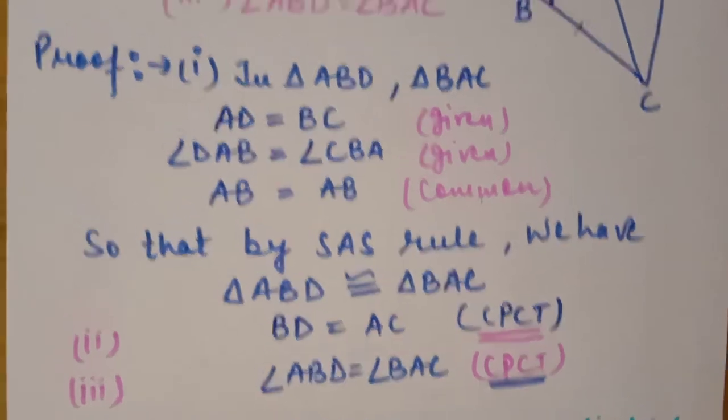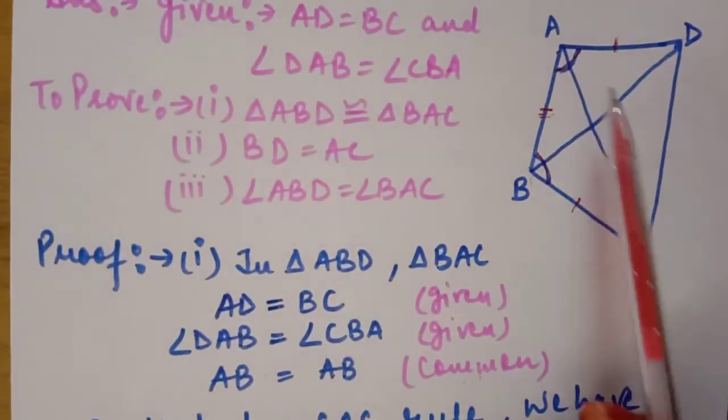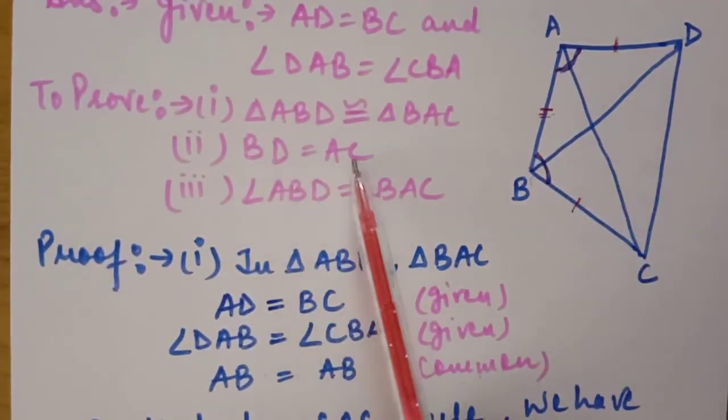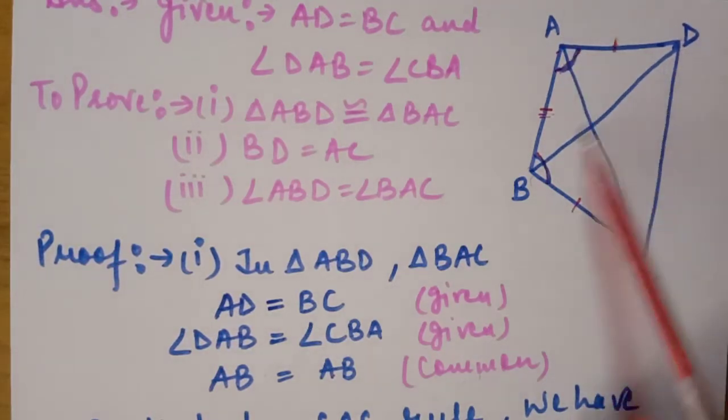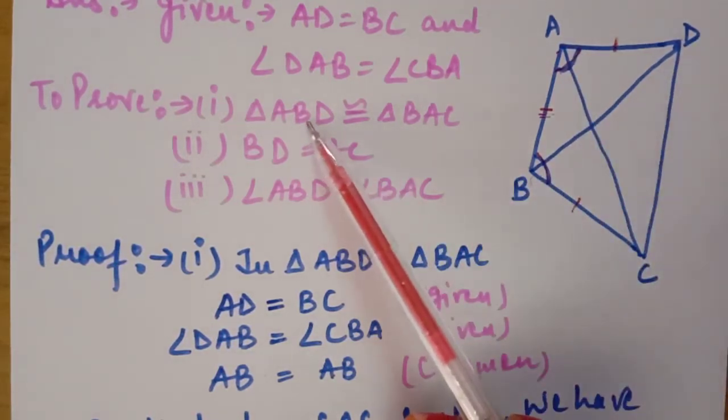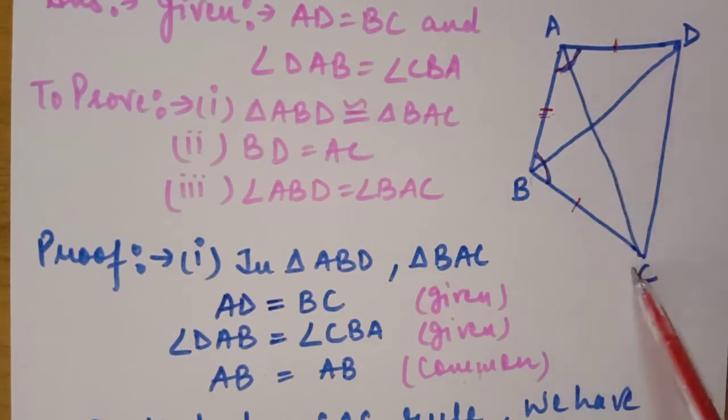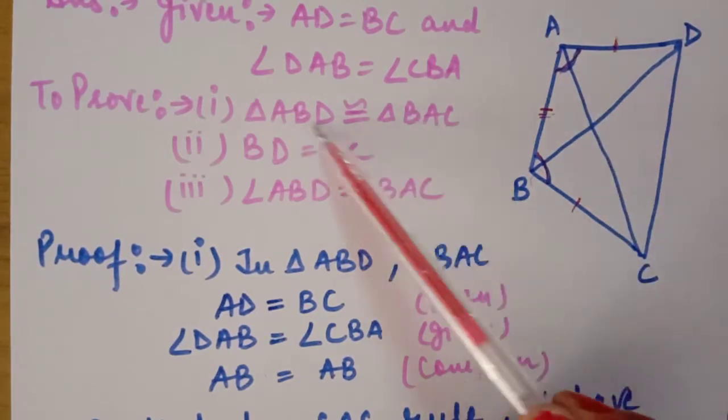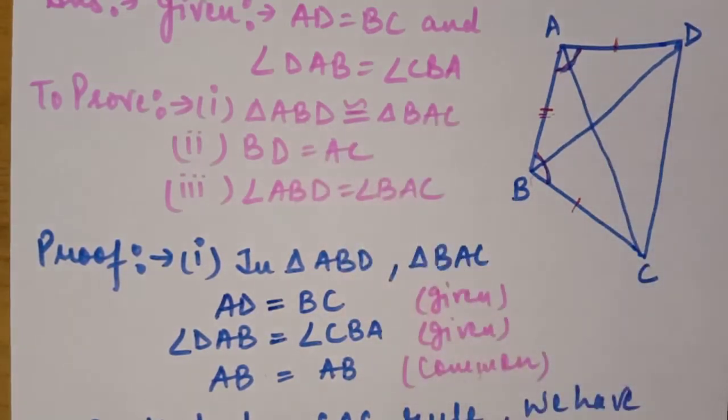So now these two triangles are congruent. Second part, BD and AC. BD is a part of this triangle and AC is a part of this triangle. If they are congruent, then BD is equal to AC by CPCT.